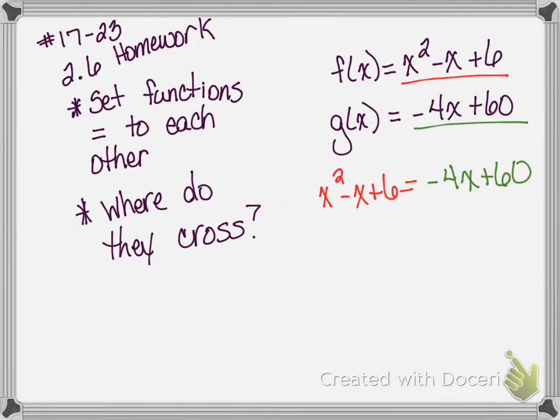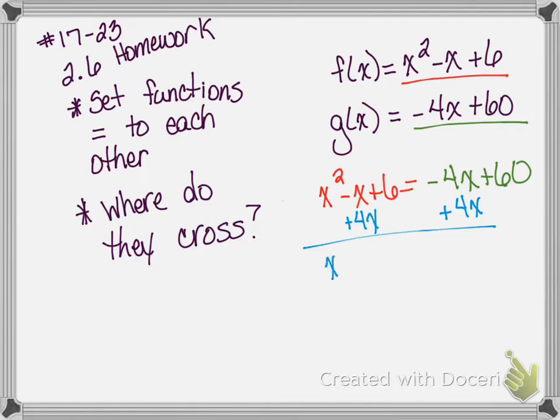Now, x squared minus x plus 6 equals negative 4x plus 60. So what I want to do now is what? Well, that's what we would do if it was linear. You're absolutely correct. Because it's a quadratic, that means it's raised to the second power, I have to set it equal to 0. So I'm going to add 4x to both sides.